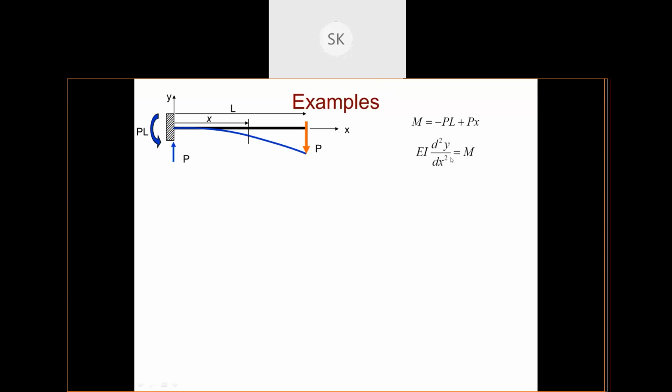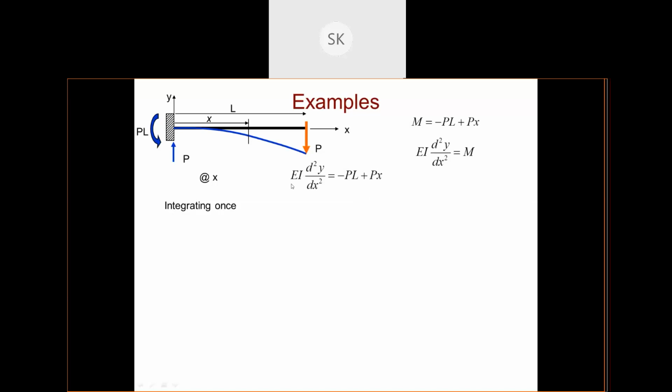Now you have to place this equation here like this. Okay, this is the moment equation of this beam. You know the deflection equation of a curve is this one. So you have to replace this M by the moment equation of that particular beam.